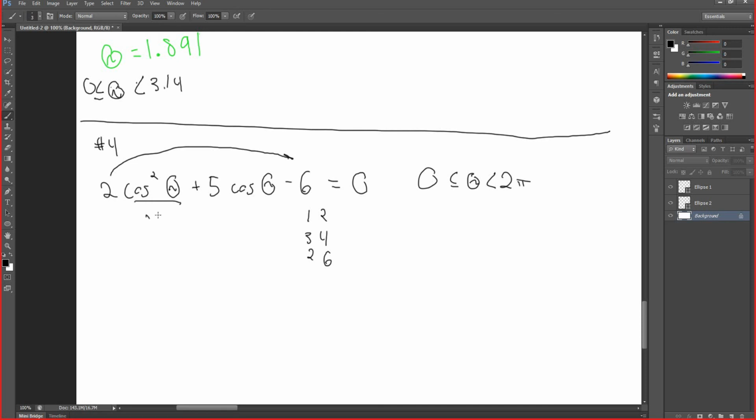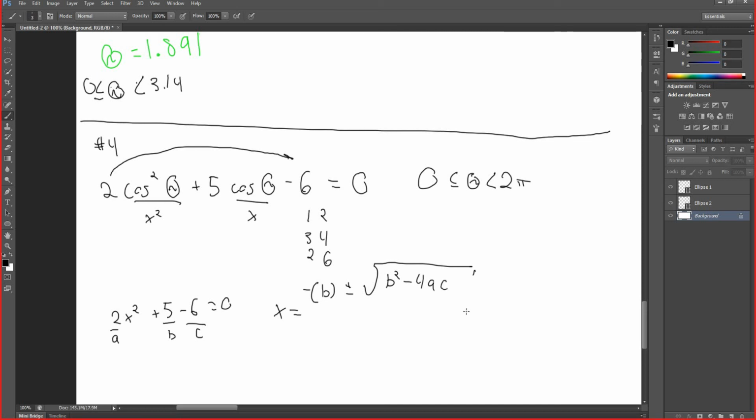So this is going to be x squared, and this is going to be x. So I really have 2x squared plus 5x minus 6 is equal to 0. So I have my a as 2, b as 5, c as negative 6. So I get x is equal to negative b plus or minus the square root of b squared minus 4ac, all over 2a.